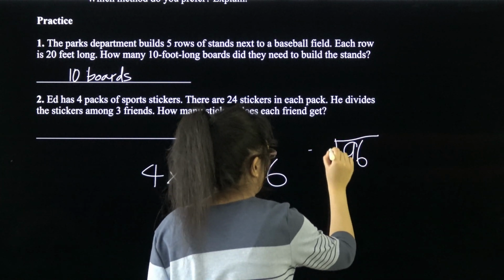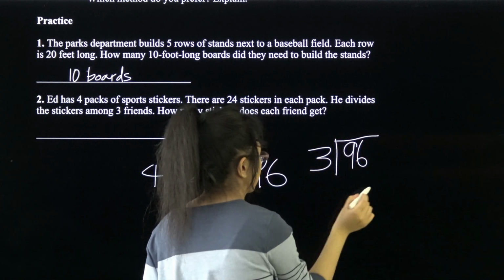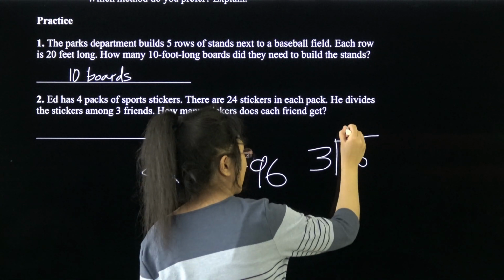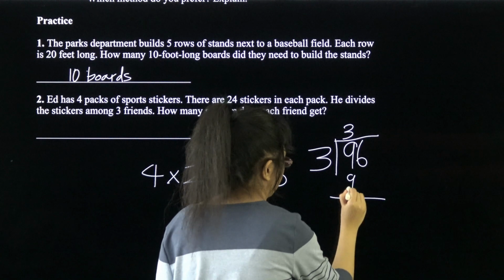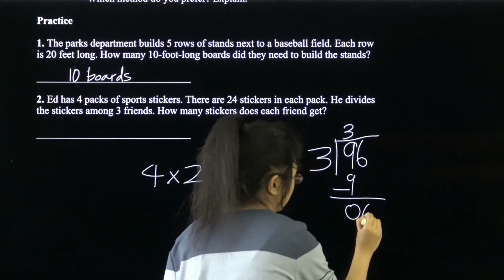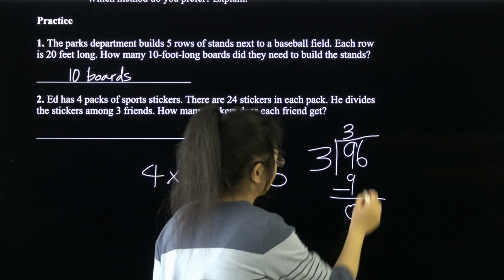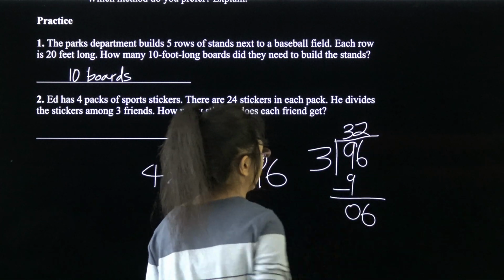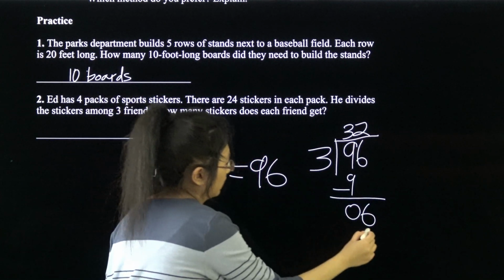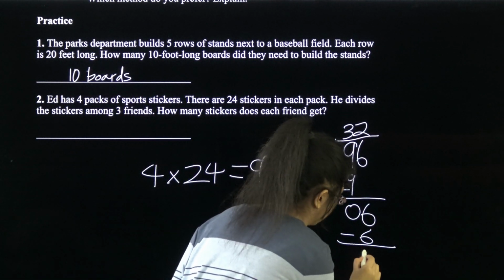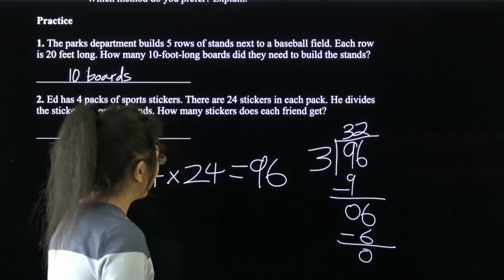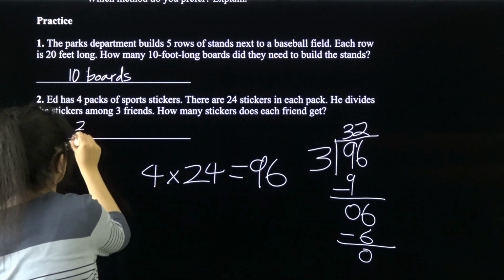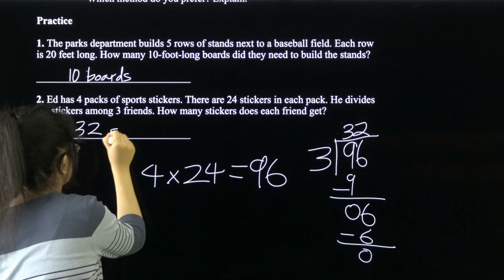Well, you'd use long division. 3, how many times does 3 go into 9? Well, 3. So then that would be 9 down here, and then 9 minus 9 equals 0, and then you get 0, 6. And how many times does 3 go into 6? 2. And then that would be 6. Each friend gets 32 stickers.